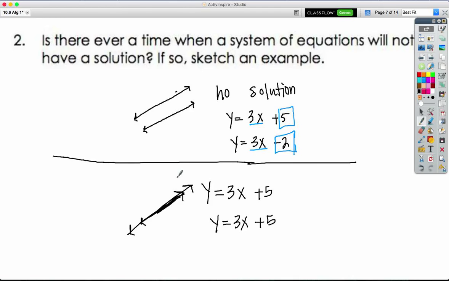If the point of intersection is a solution for a system, and if I graph the same line on top of itself, they're going to intersect each other infinitely, forever. So there are infinite solutions if we find that our equations are the same, or even if we aren't solving for y and for whatever reason we choose a different method of graphing, if you come out to have the graphs matching and it's the same exact line, it is infinite solutions.